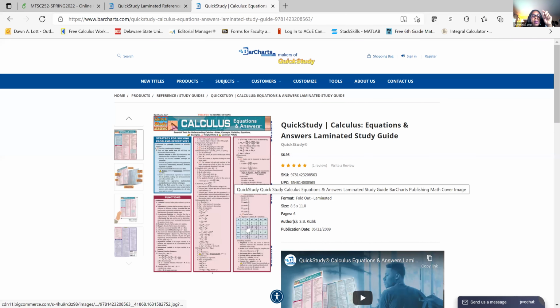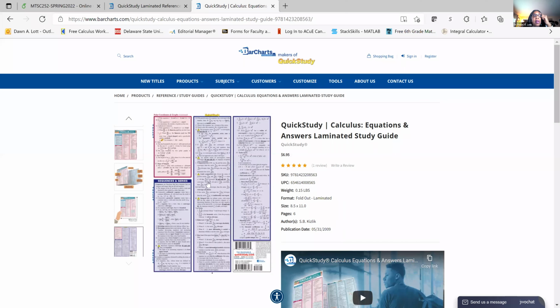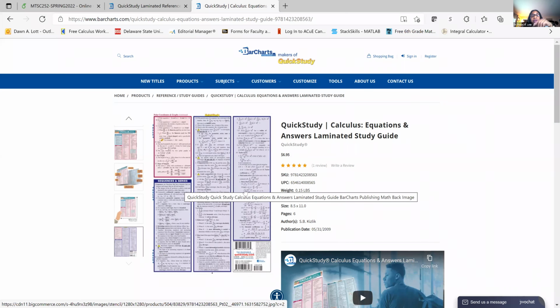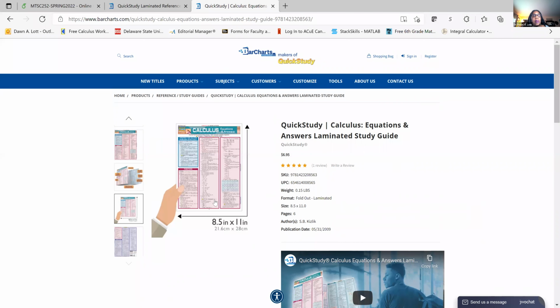This one has the cotangents and stuff. It has the formulas for the integrals and logs. This is sequences and series. We're going to be doing that at the end of the course.